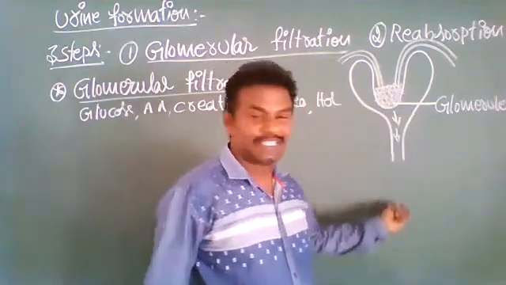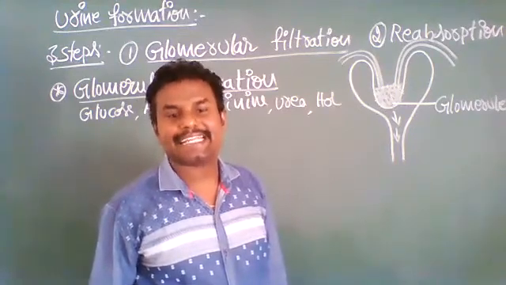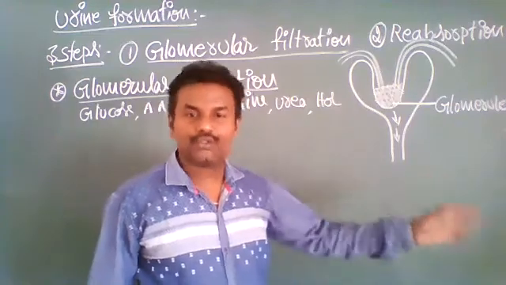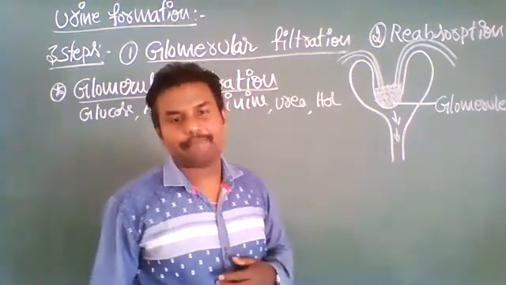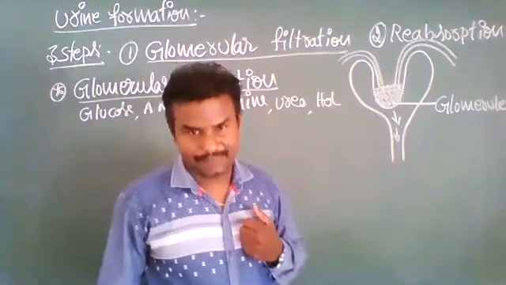So through the proximal convoluted tubule, loop of Henle, distal convoluted tubule, connecting to the renal pelvis, those waste materials are passed.